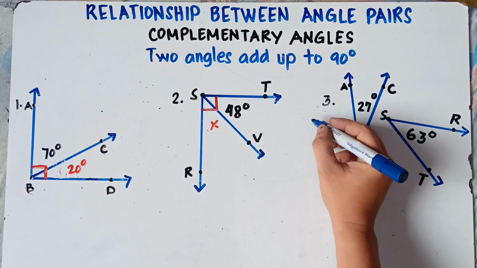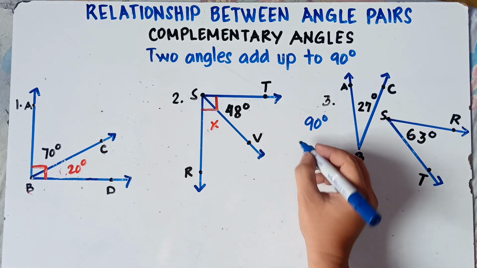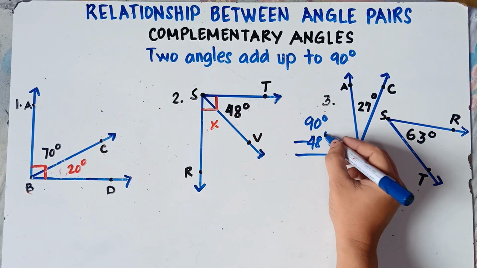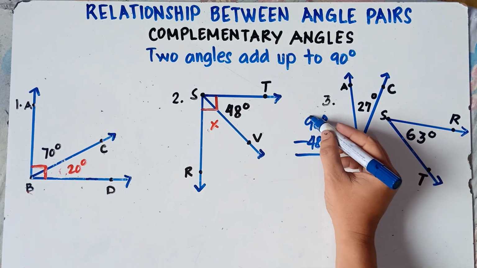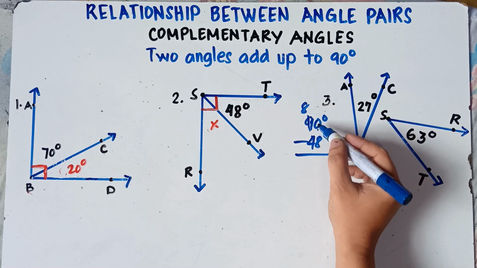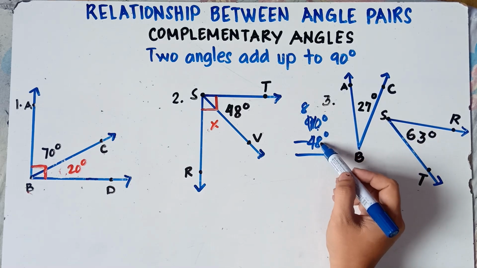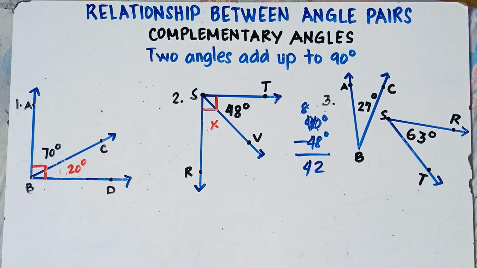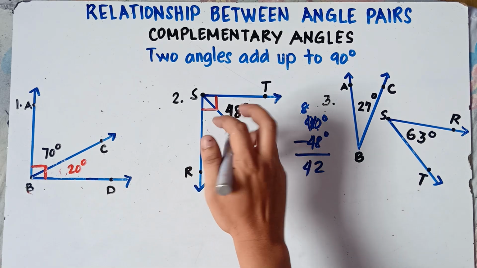So 90 degrees minus 48 degrees. Borrow 1, this becomes 8. This 0 becomes 10. So 10 minus 8 is 2, 8 minus 4 is 4. That would be 42 degrees. So therefore, this angle right here is 42 degrees.